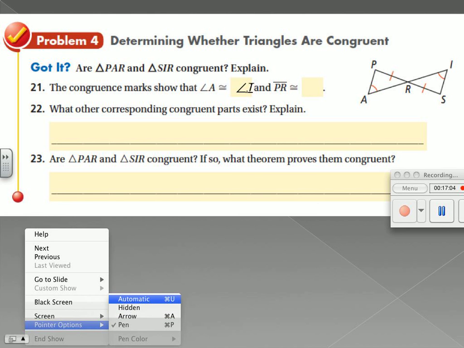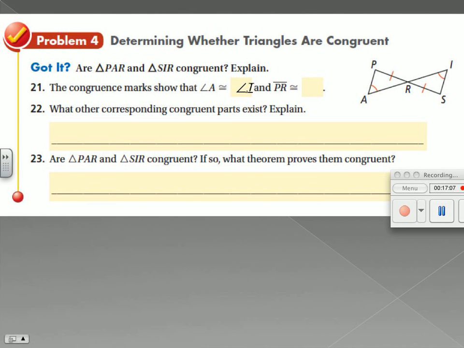Angle I, and segment PR is congruent to segment RS or SR.